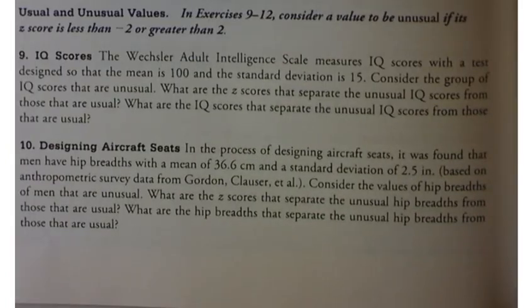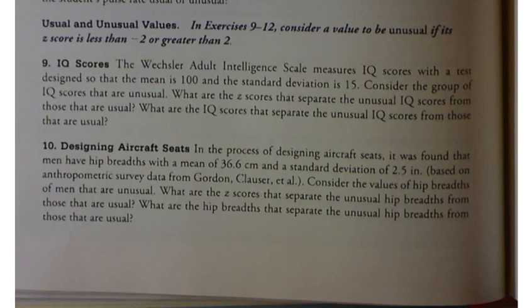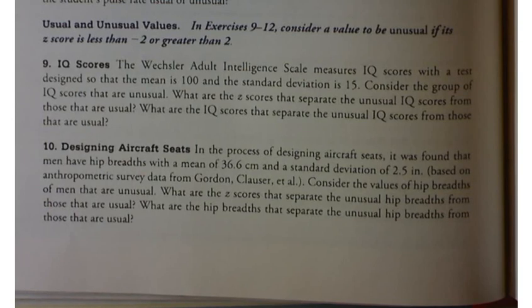So it's going to be problem number 10. So in the process of designing aircraft seats, it was found that men have hip breadths of 36.6 centimeters and a standard deviation of 2.5 centimeters.